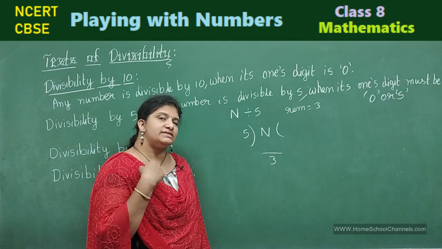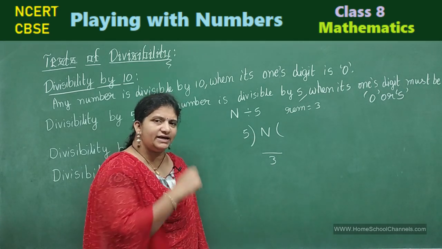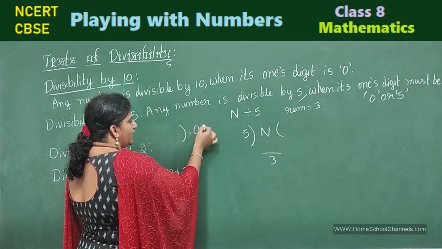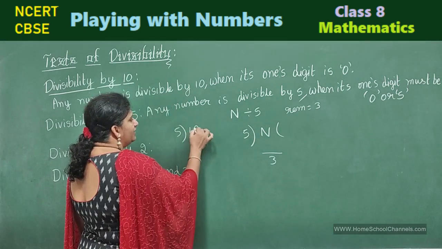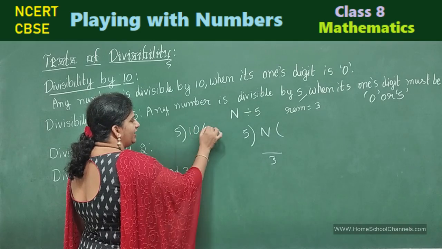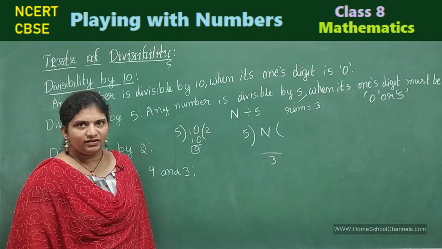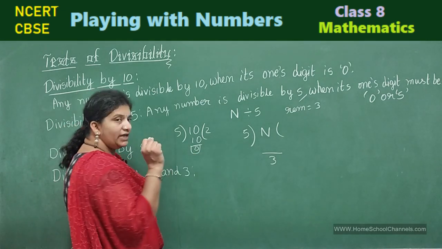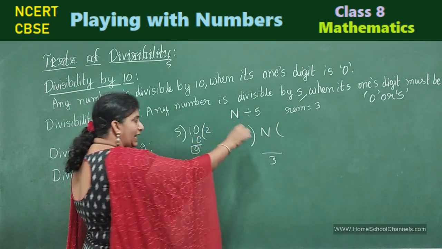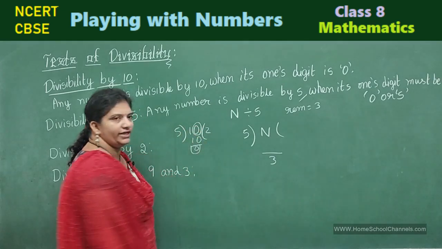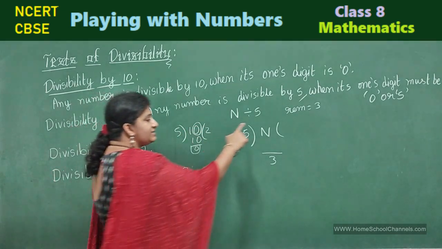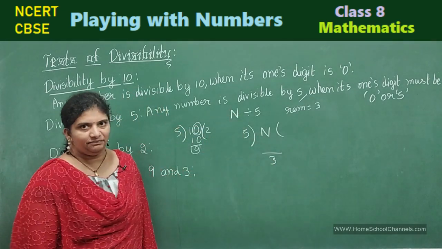If the number is exactly divisible by 5, it doesn't leave any remainder. Example, if I divide 10 by 5, 5 2s are 10, 0. There is no remainder. So we need to find the units digit in numbers when it leaves a remainder 3.